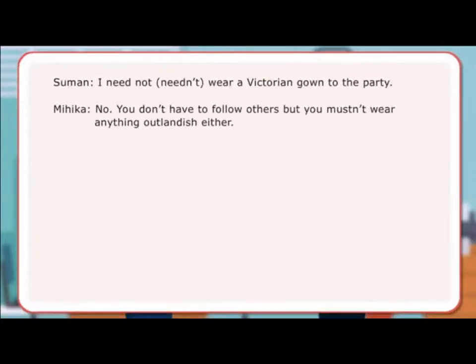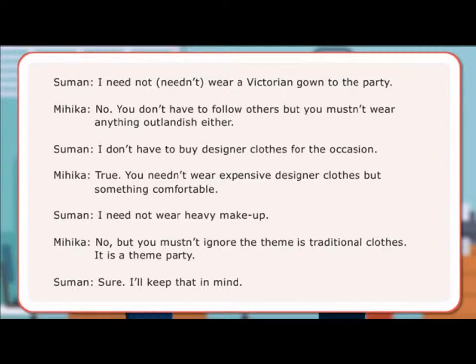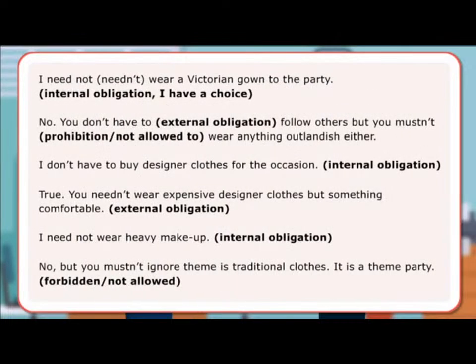The conversation between Suman and Mihika has used the modals need not, don't have to, and must not. Here are some examples of sentences. I need not wear a Victorian gown to the party. No, you don't have to follow others, but you must not wear anything outlandish either.